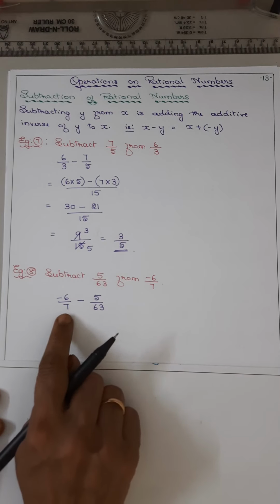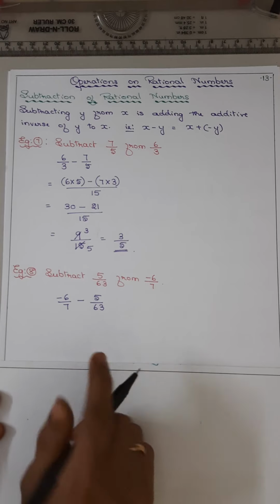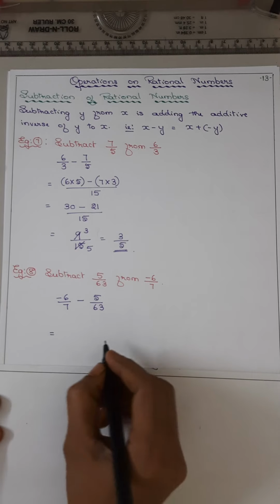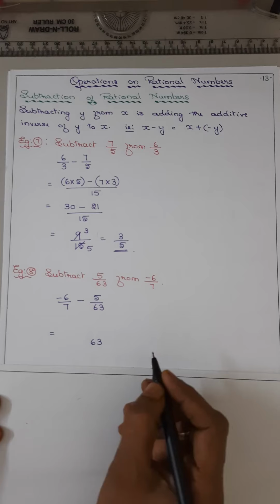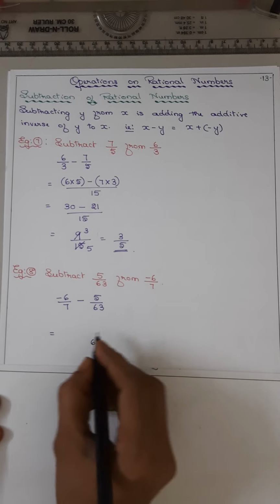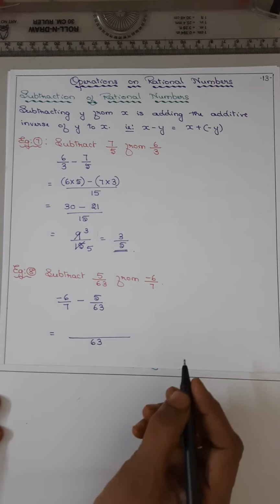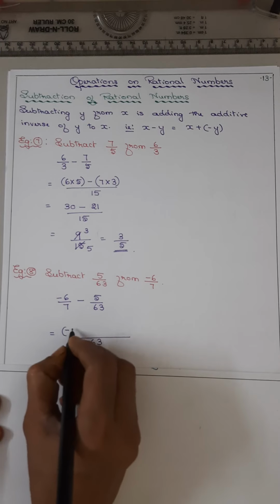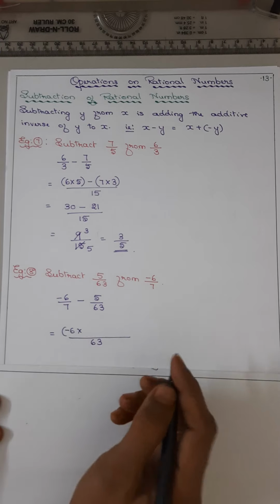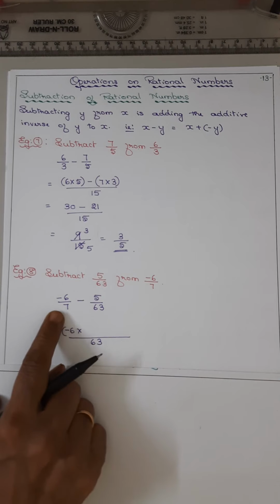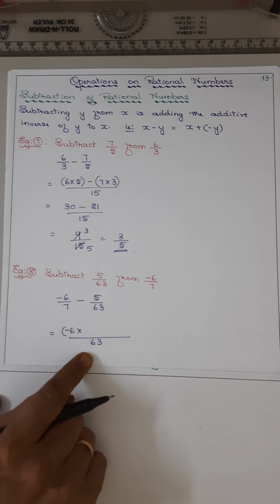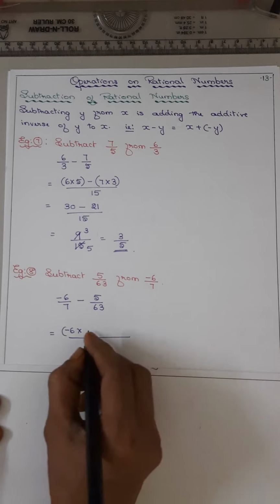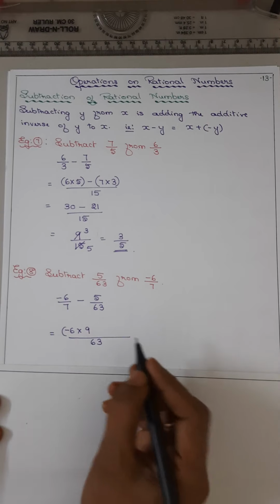Now 7 and 63. What is the LCM? 63. The bigger number 63 is in the table of 7. So now the first numerator minus 6 into the denominator 7. How much are 63? 7 9s are 63.